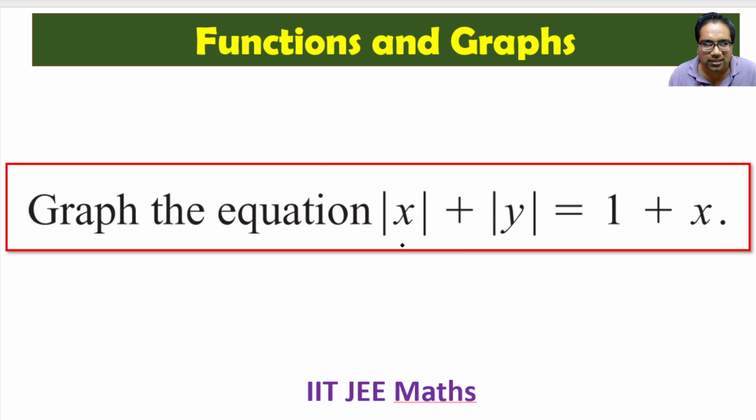One case when x greater than 0, y greater than 0, then x greater than 0, y less than 0, then x less than 0, y greater than 0, and both less than 0. Basically, for the four different quadrants, based on x, y greater than 0 or less than 0, we'll have four different equations. Let us see how to draw those equations.